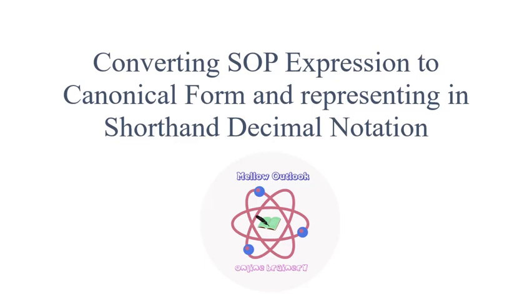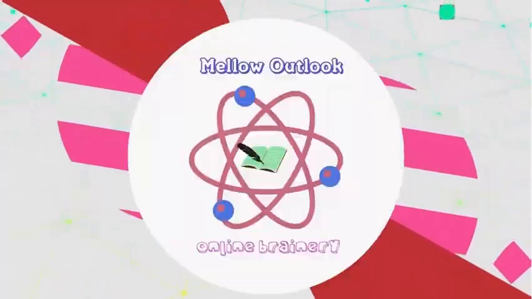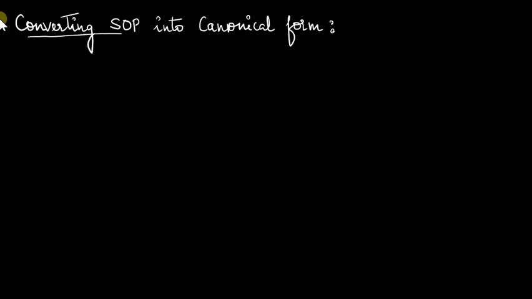Welcome to the tutorial on converting SOP expression to canonical form and representing in shorthand decimal notation. In this tutorial, we'll be learning the conversion of SOP equation into a canonical form, also called the standard form.